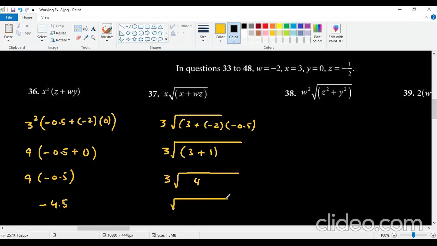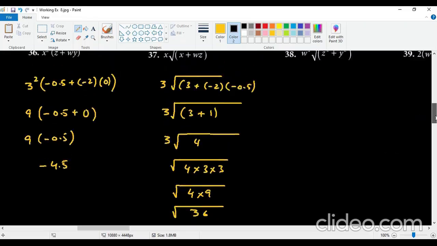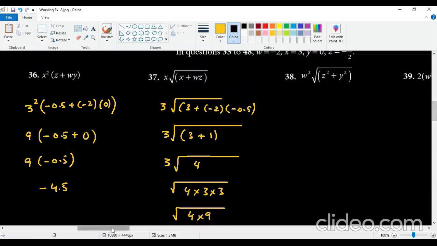That means I can write this as 4 times 3 times 3. Now this is going to give us a 4 times 9, which is going to be 36, and answer for this one is going to be plus 6 and minus 6. Moving on to question number 38.